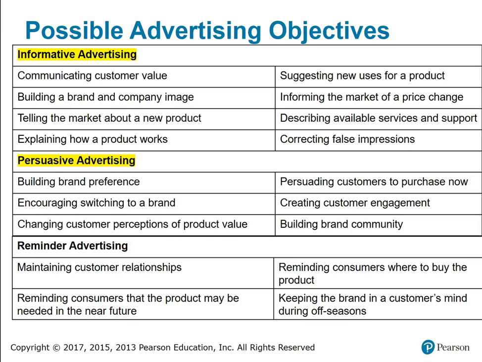For our project, we're going to use mostly objectives from these 2 areas that I highlighted for you. Informative advertising, because you need to tell the story of a new product, and the persuasive one, because you want them to purchase it right away, right? So those are the ones we're going to focus on.